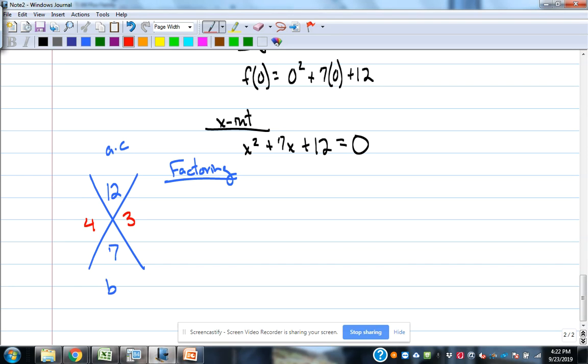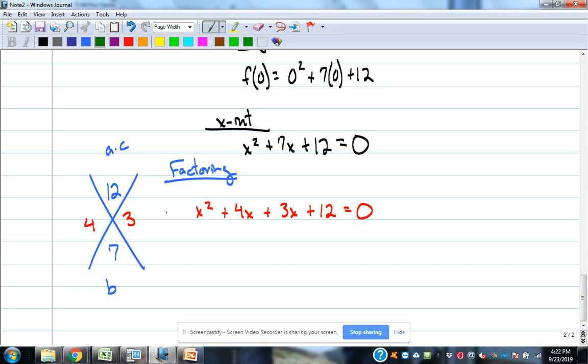Now I take those two numbers from the sides and I put them in the middle of the problem and replace the 7x with them. So instead of 7x, now I've got 4x and 3x. Okay? And when you were learning factoring in school, if it had 4 terms in it, the trick that we taught you was grouping.